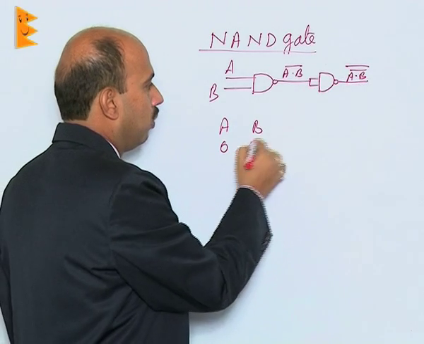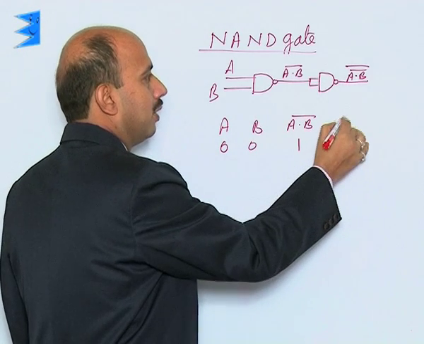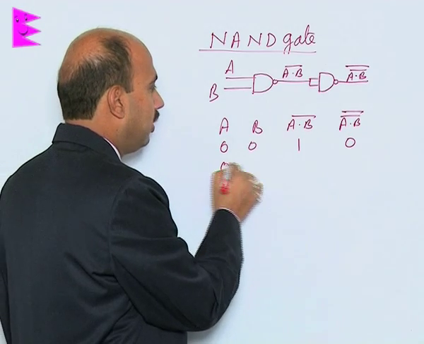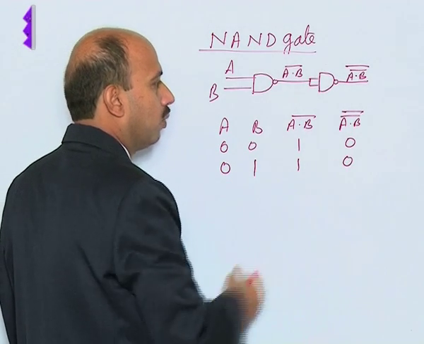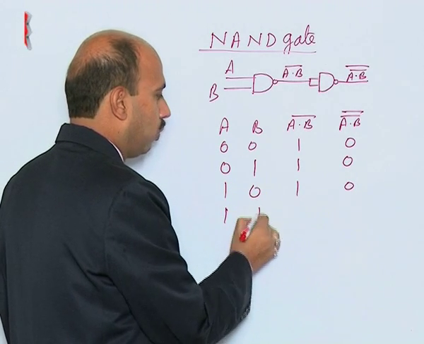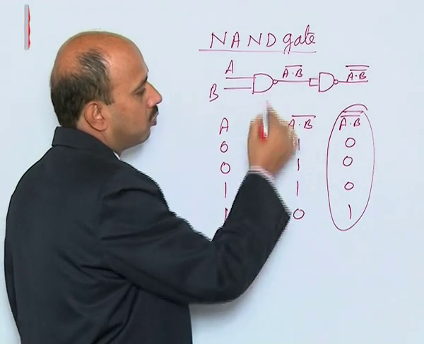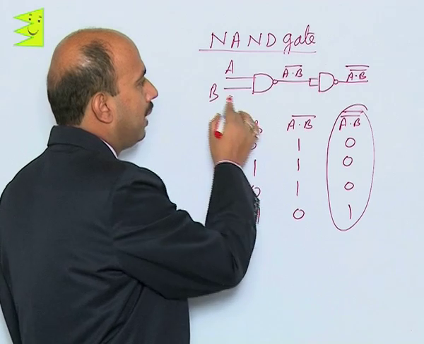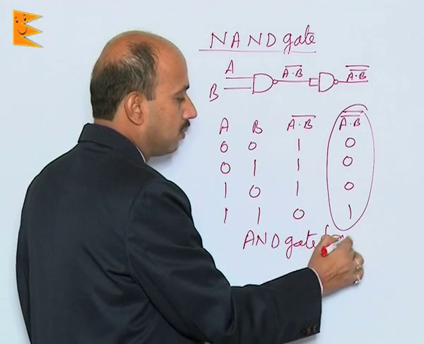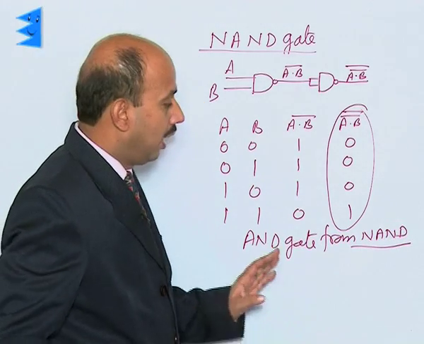We can write 0, 0, then (A and B) bar is 1, and this is 0. Similarly, 0, 1: this is 1 and this is 0. 1, 0: 1, 0. And 1, 1: here 0 and this is 1. See here, this truth table actually belongs to the AND gate. So, we have obtained the AND gate from the NAND gate.